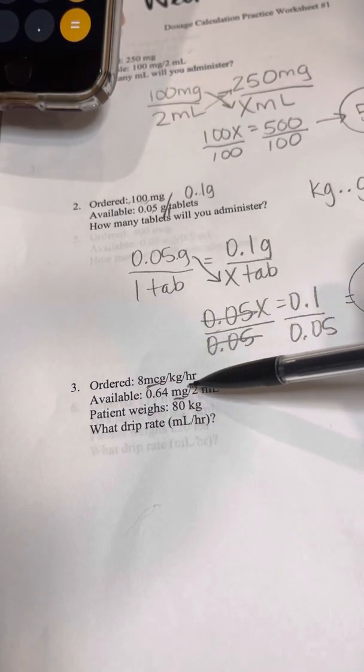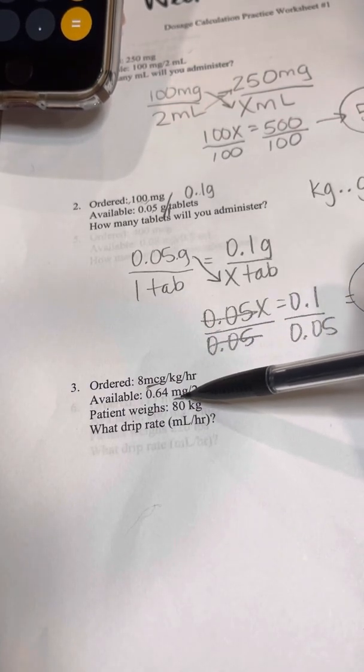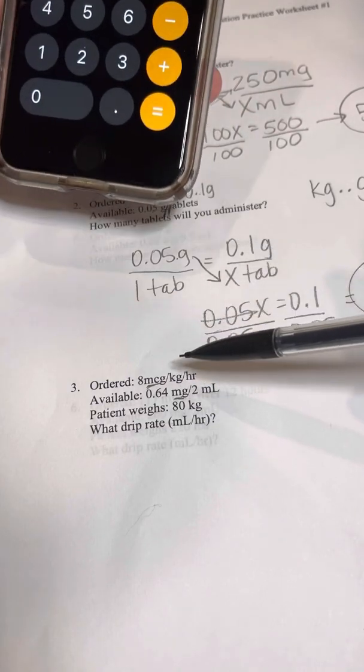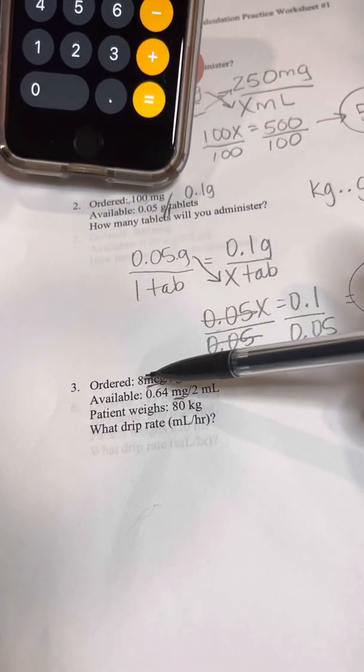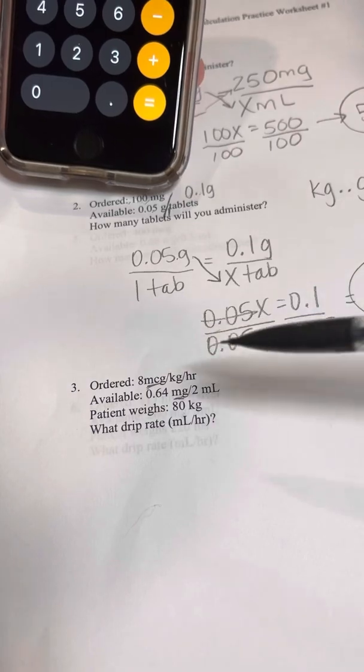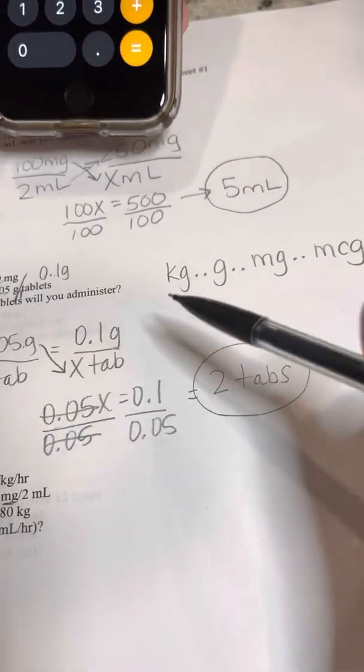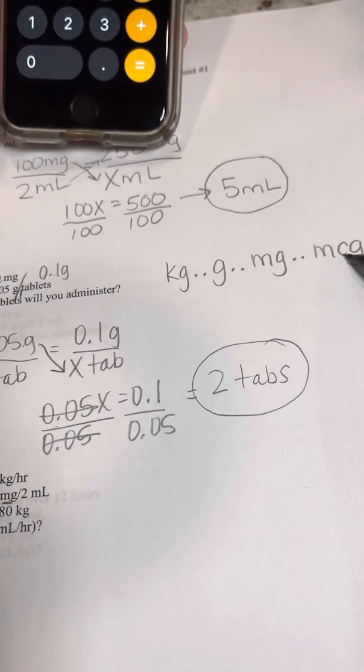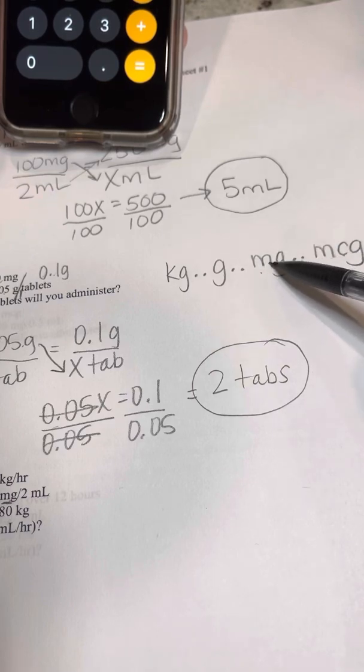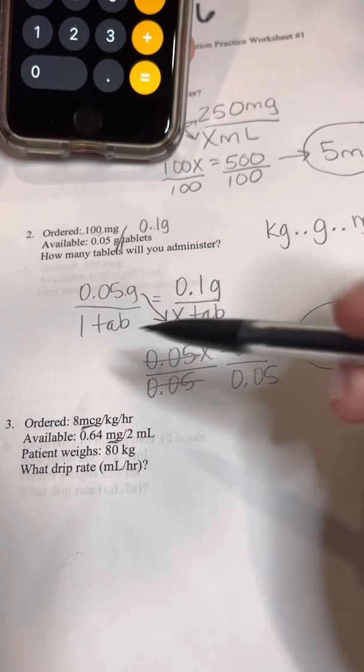Remember, we want to convert to what we already have available. So we want to convert 8 micrograms into milligrams. Micrograms to milligrams, so we're going to move our decimal place to the left 3 times, or divide by 1,000.